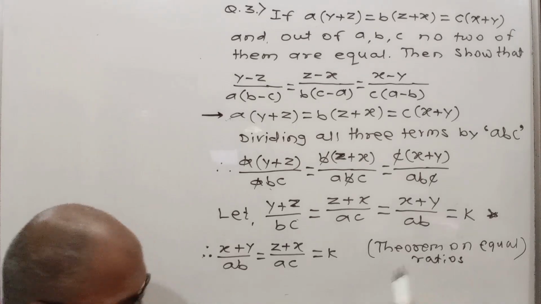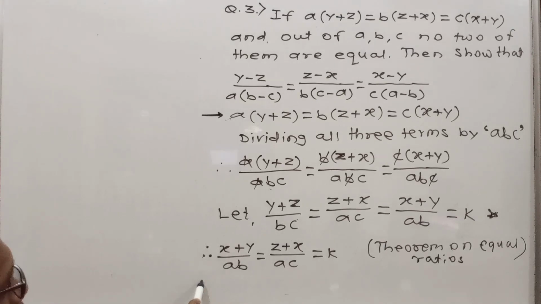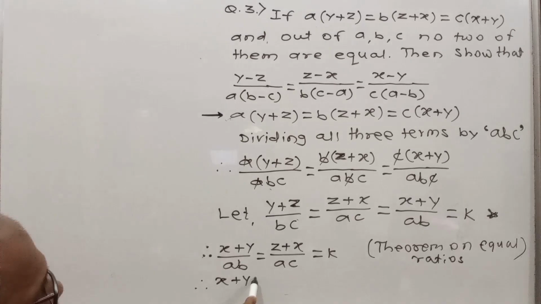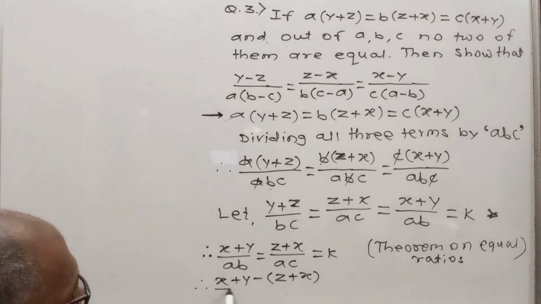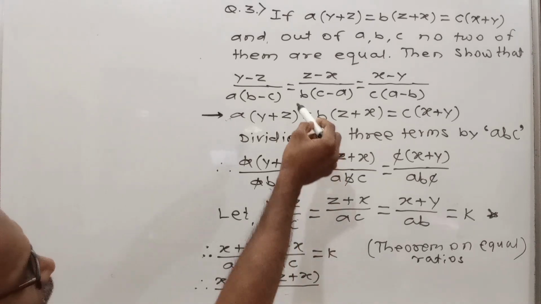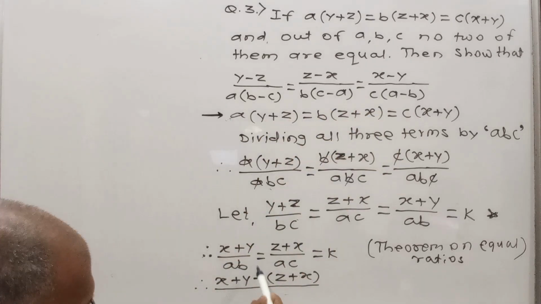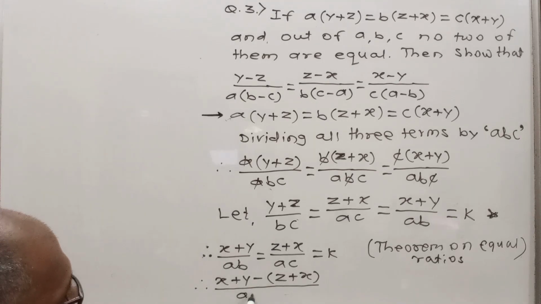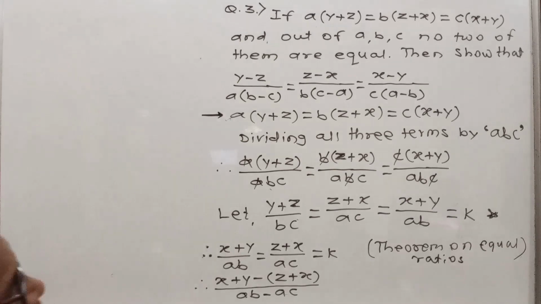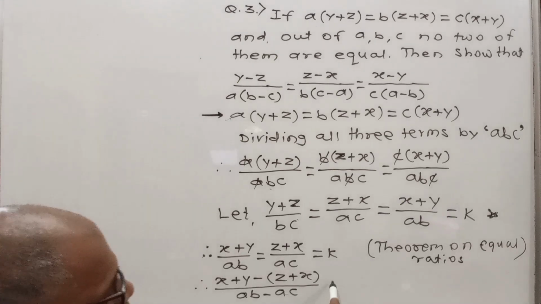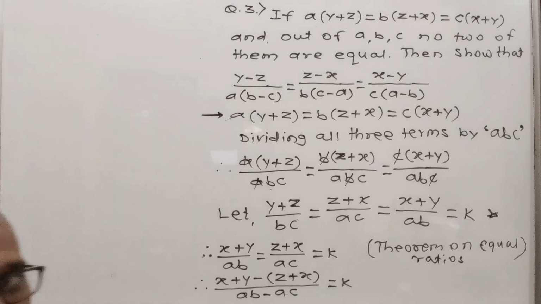Now by the theorem on equal ratios, because we want a minus sign, we write it this way: ((x + y) − (z + x))/(ab − ac) = k.